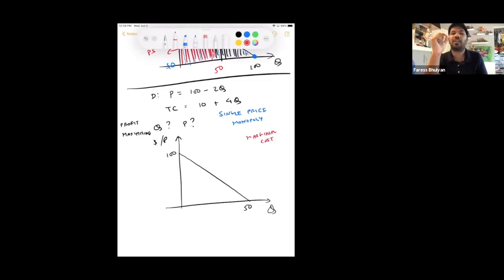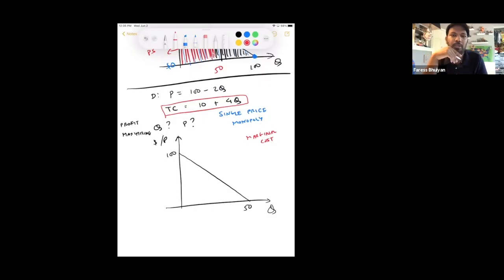So I want you to take literally 30 seconds to remind yourself what marginal cost means, and then look at this total cost curve and tell me what you think marginal cost is. First, ask yourself, what is marginal cost again? What is marginal anything in the world? Oh, okay, that's what it means.